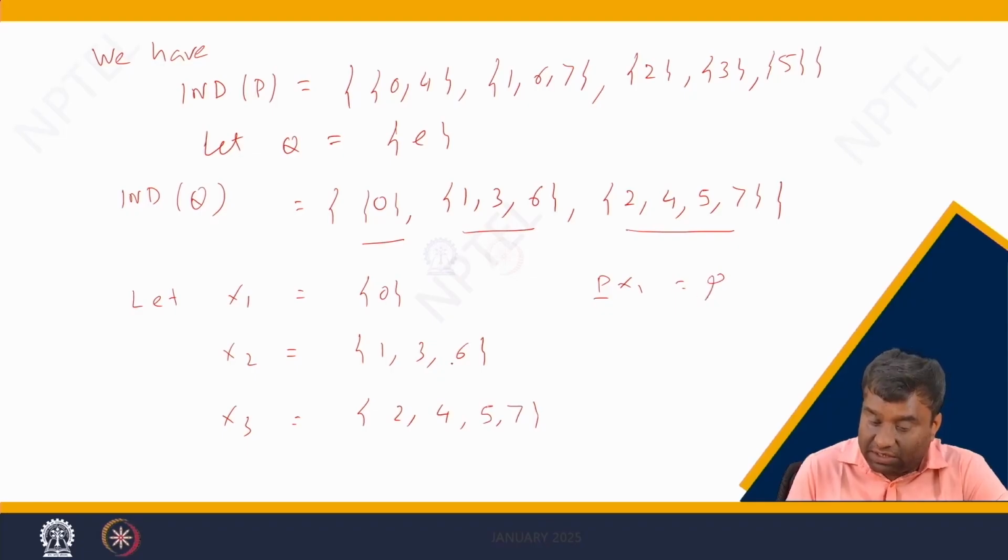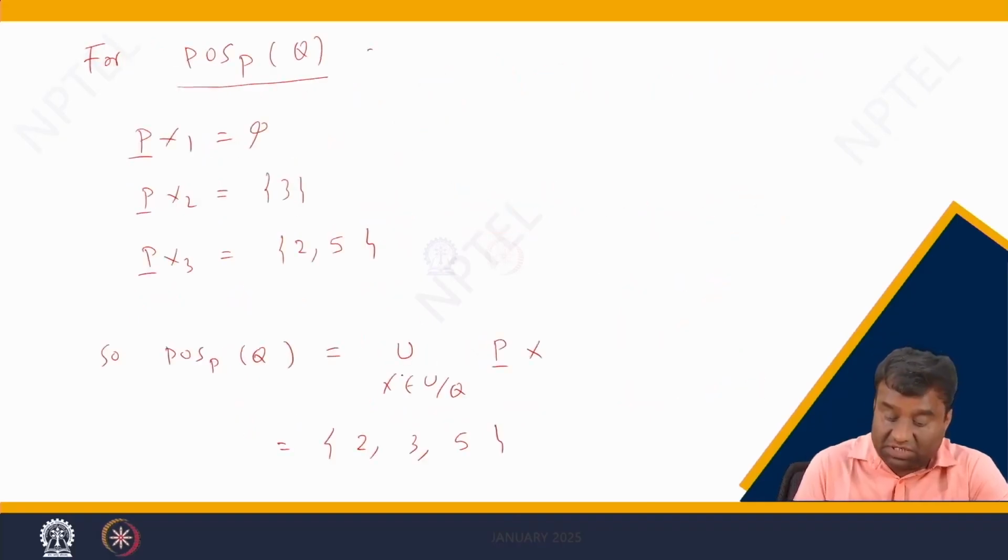Now for 1, 3, 6, you will get 3. So P x2 is 3. Then for 2, 4, 5, 7, 2 is a subset and 5 is a subset. So the lower approximation of x3 is 2 and 5. So the positive region is the union of all these. So we got 2, 3, 5.